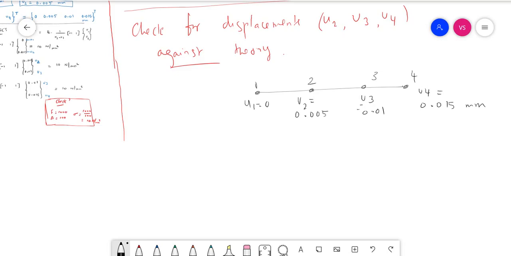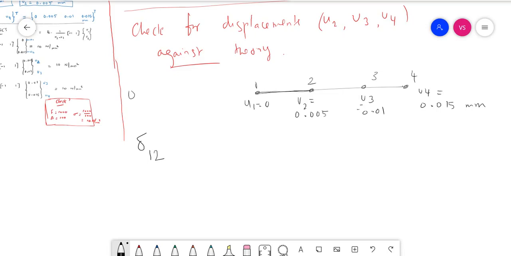But how do we know these are the nodal displacements? But how much extension or contraction the bar has gone? For example, if I want to find what is the total change in length delta 1 2, meaning this portion, what is the change in length of this portion alone?